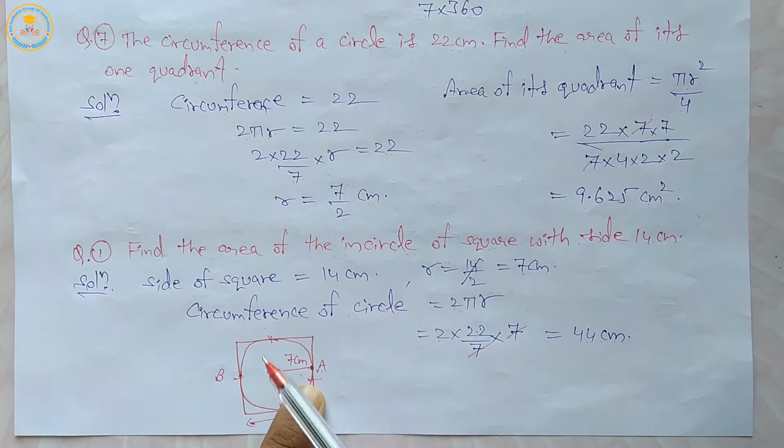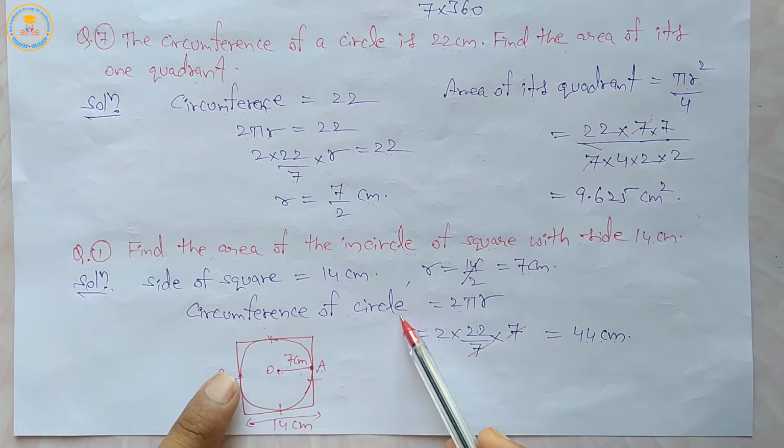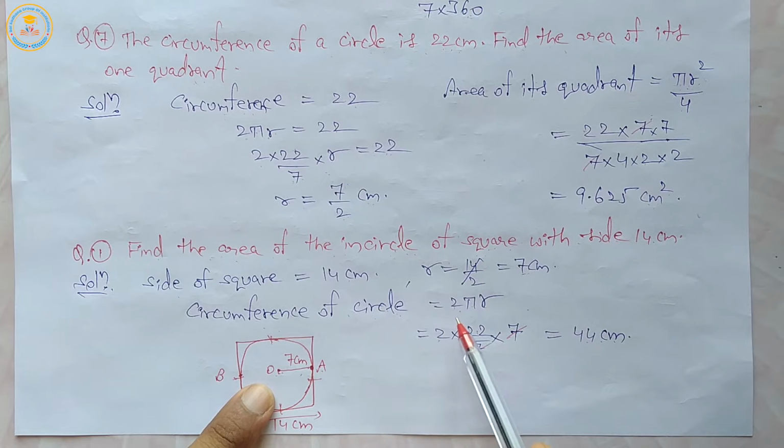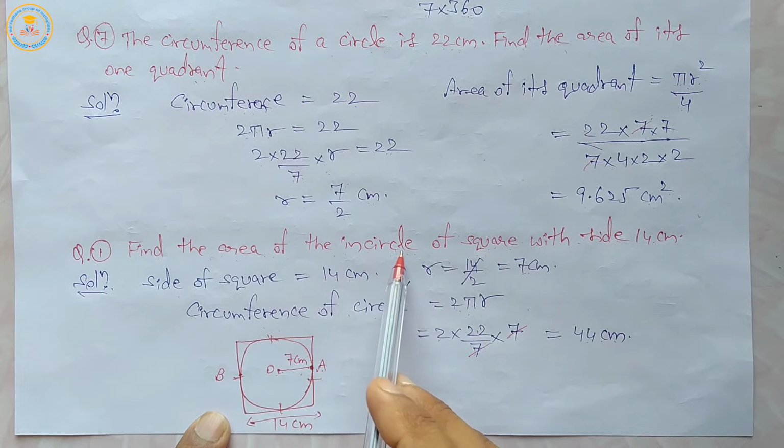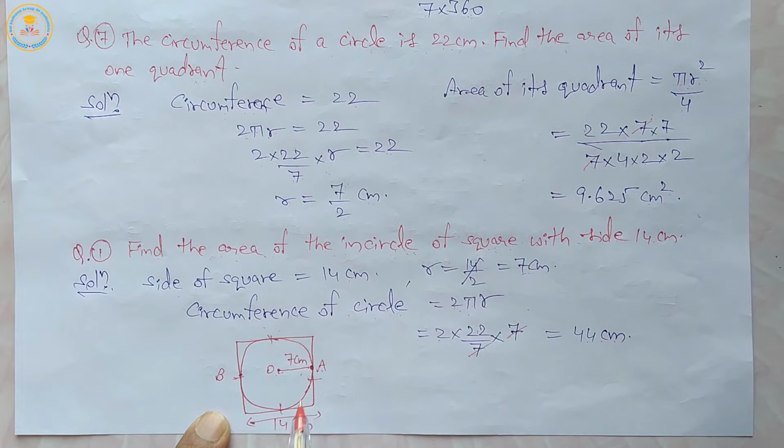Okay, so circumference of circle. Why do we use circumference of circle here? Because we calculate the area of the incircle of the square. Incircle of the square means the total part, means perimeter, and perimeter is circumference.